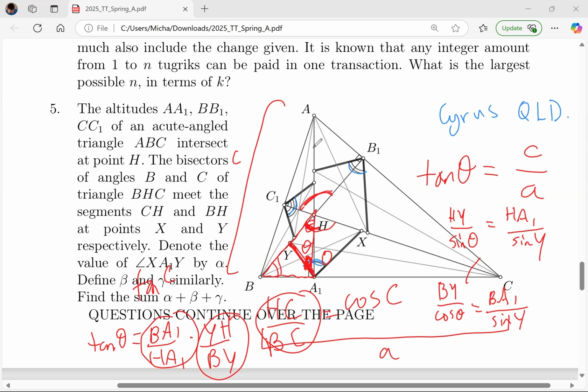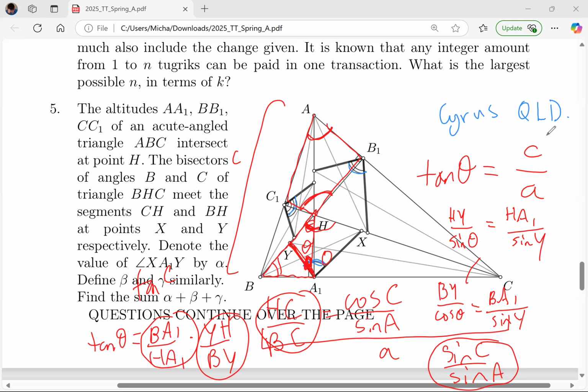Okay, and because this is cyclic here, that's 180 minus the A. So this is just going to be cos C on sine A. Okay, and so then it's tan C. So then the cos C cancels with this cos C and the tan to get sine C. So it's sine C over sine A, and then by the sine rule, this is the same as C over A.